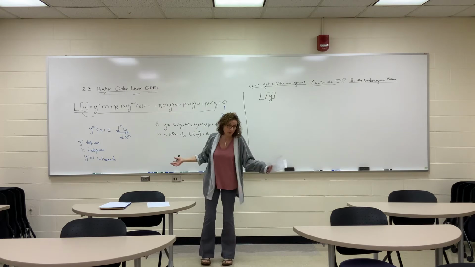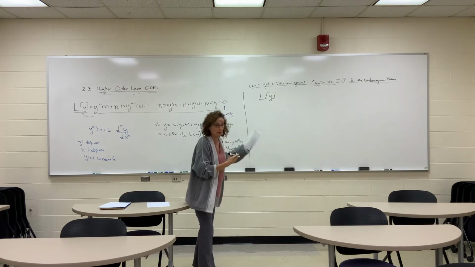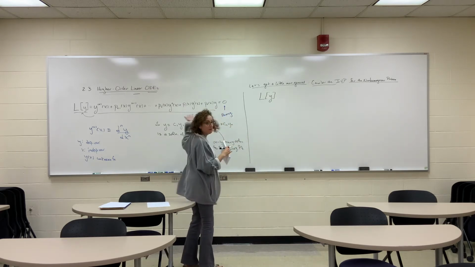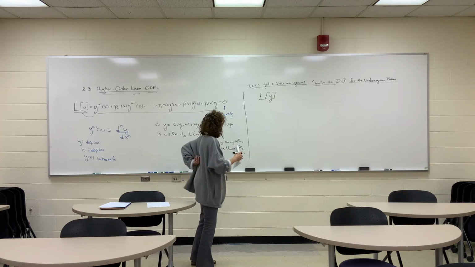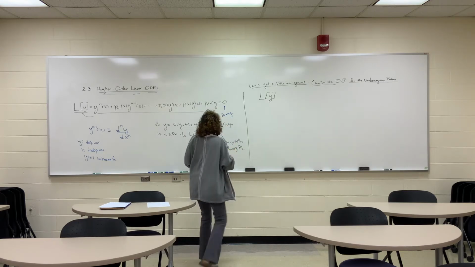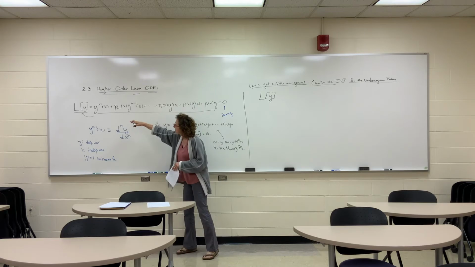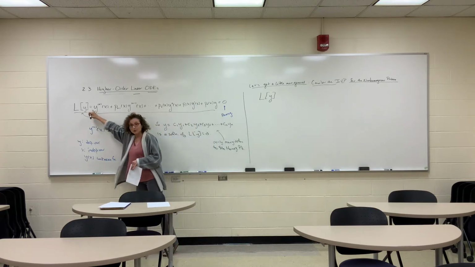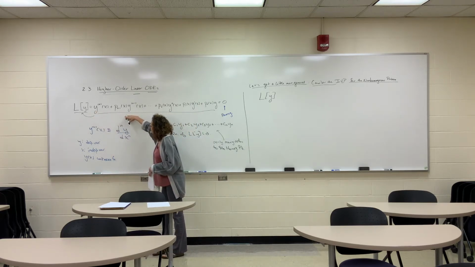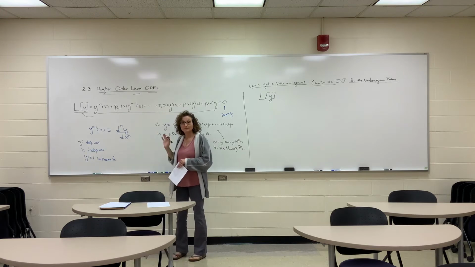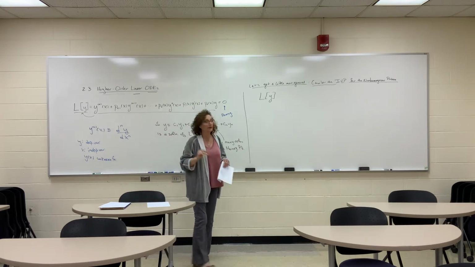It meant something different in the previous video, where L was a different operator when we were only doing second order, constant coefficient. Now it's this crazy operator for nth order, general, standard form, leading coefficient 1, linear ODE, non-constant coefficient, yeah?